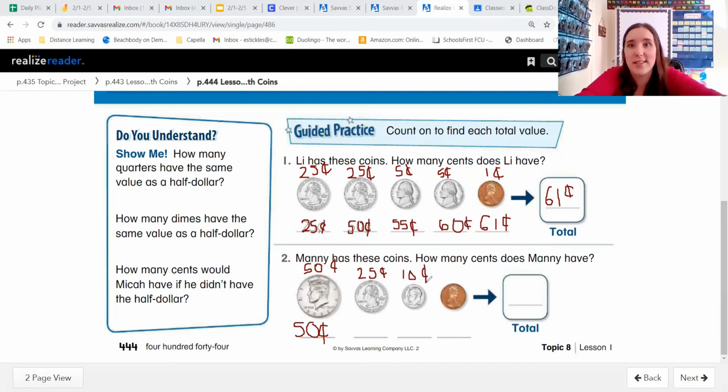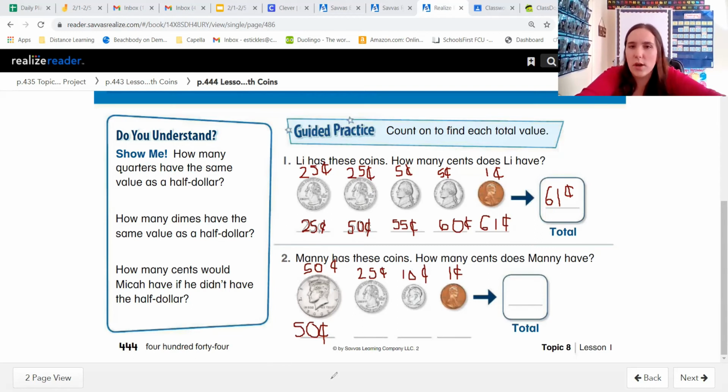Okay, so make sure you're practicing that with me. And then what's this guy called? A penny. And how much is it worth? How many cents? 1 cent. And remember, we have to say 1 cent, 10 cents, 25 cents. Don't forget the cents, okay? Because when we start doing dollar bills, you can't just say it's worth 20. Is that 20 cents or $20? That's a very different thing, okay?